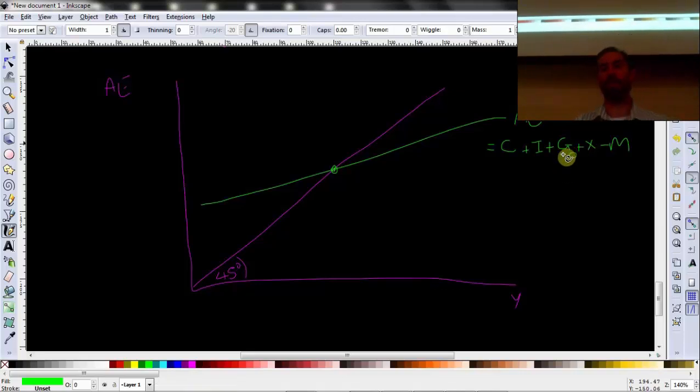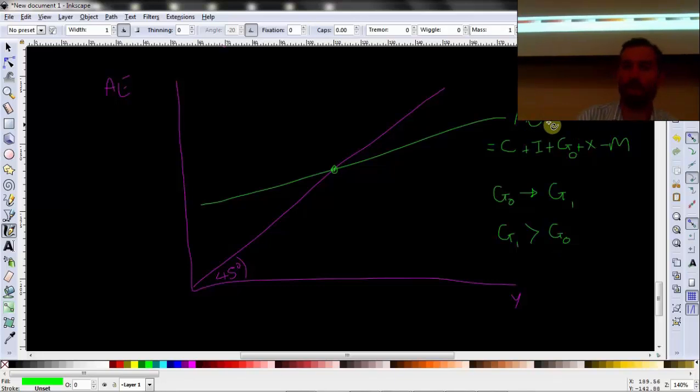So I'm going to call this G0. Okay? Now what I'm going to do is say that government spending changes. G0 becomes G1. Okay? And in fact, it was an increase in government spending. So G1 is greater than G0. There's an increase in government spending.